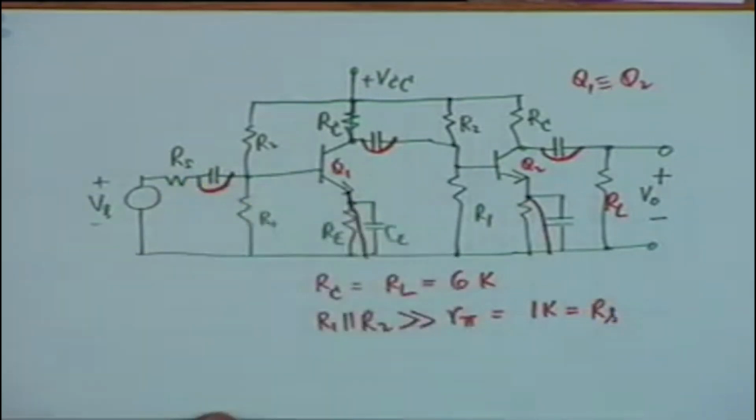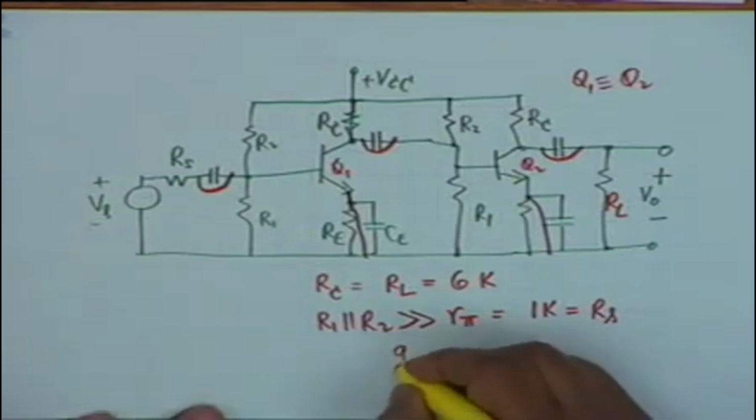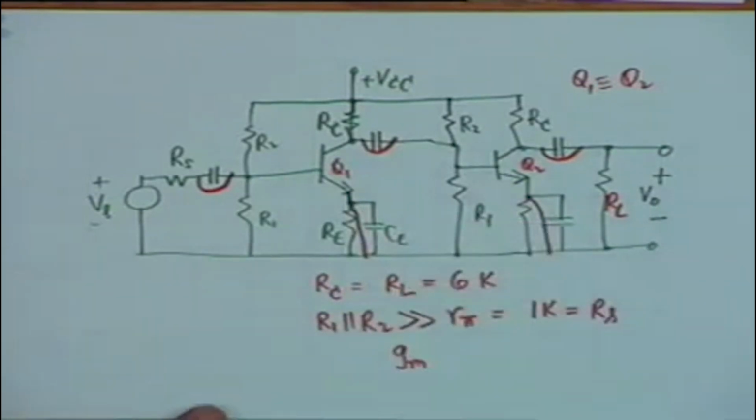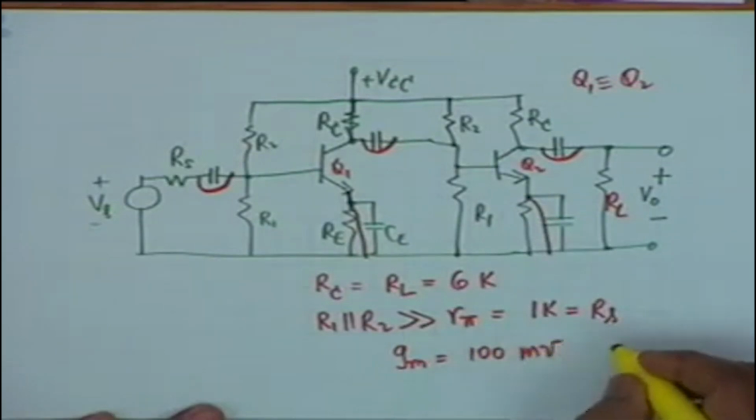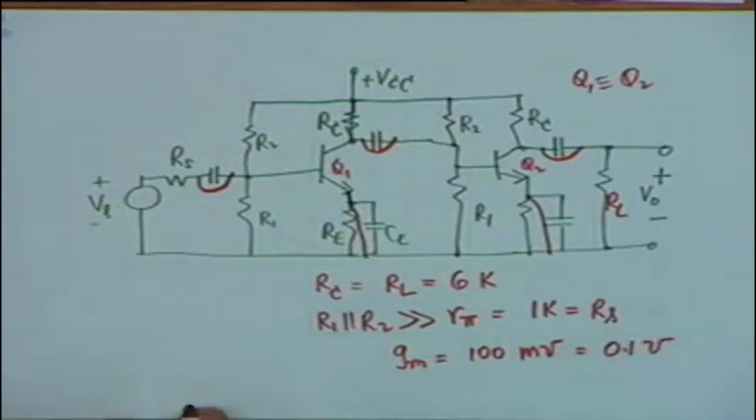This resistance and R pi are identical for simplicity. And we are also given that gm at the operating point of either transistor is 100 millimho. 100 millimho means 0.1 mho, isn't that right? 100 times 10 to the minus 3. So this is the data that is given.